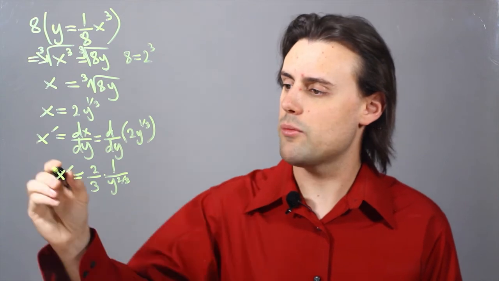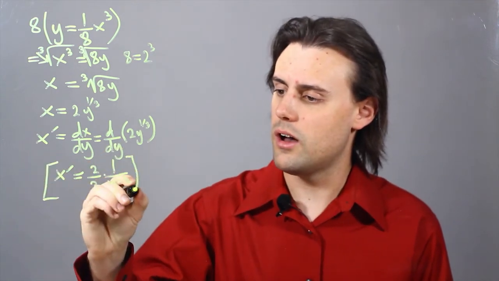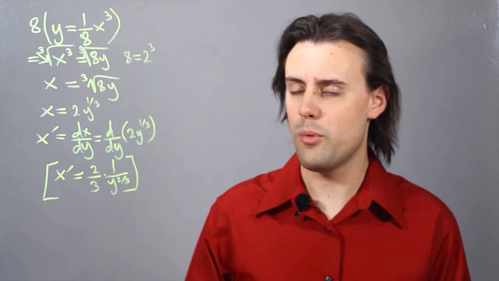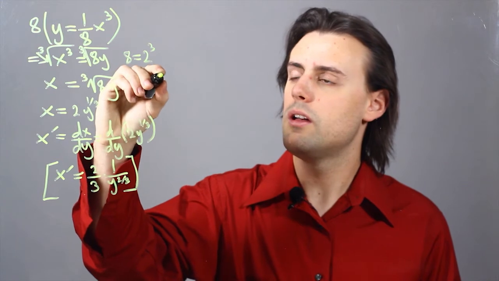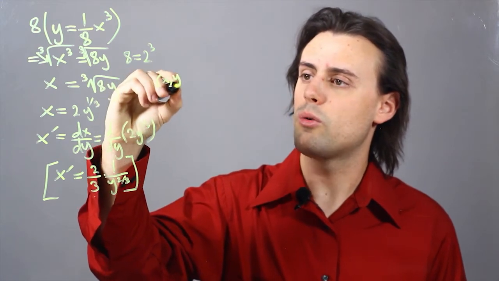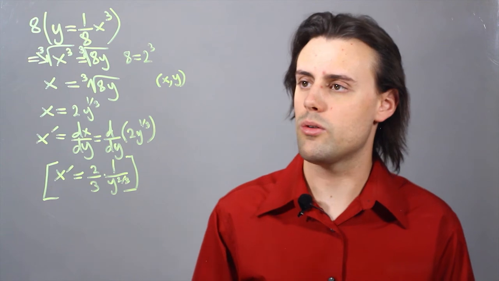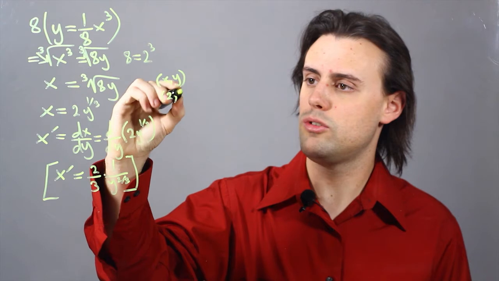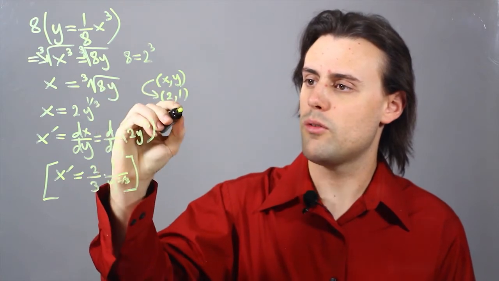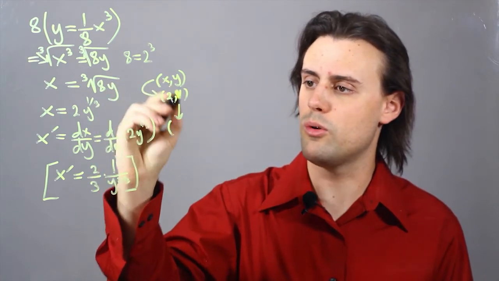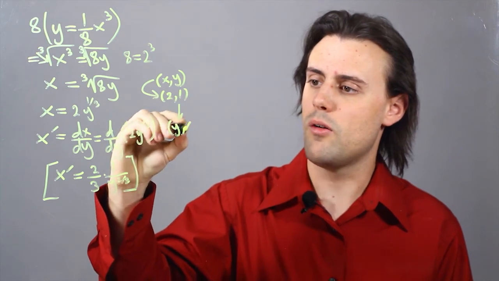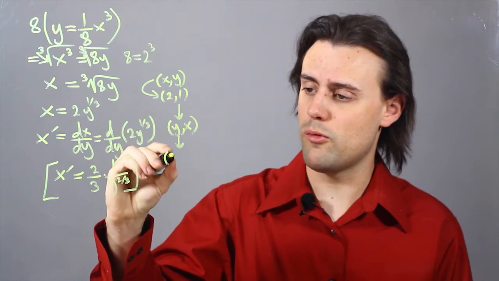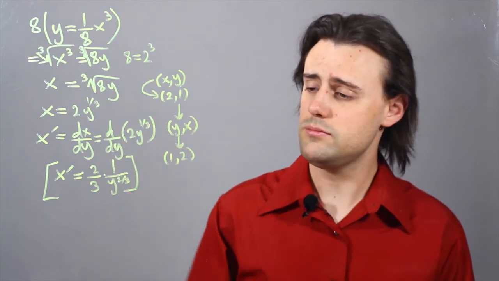And finally, now that we have the derivative of the inverse to our original function, we can consider a point. So, if we consider originally the coordinate, or the point, x, y, as 2, 1, when we take the inverse, of course, the roles are reversed, so we have y, x, and the 2, 1 becomes a 1, 2.